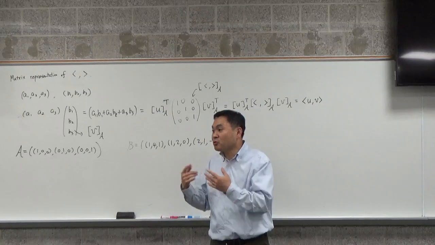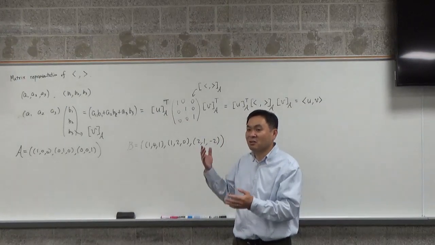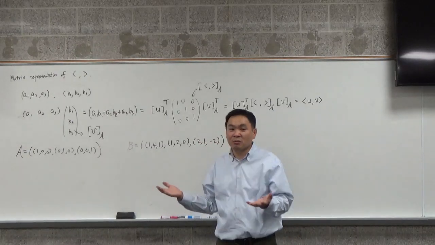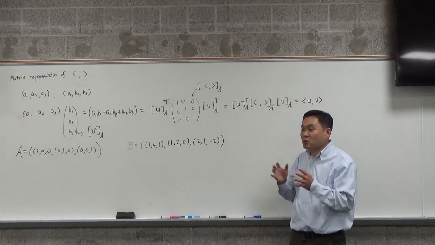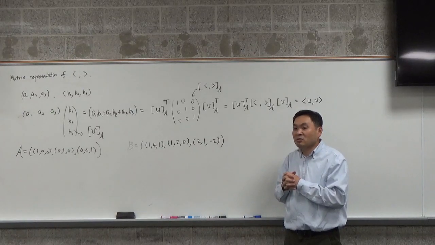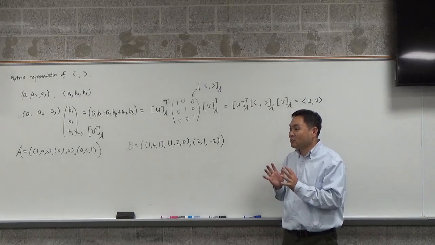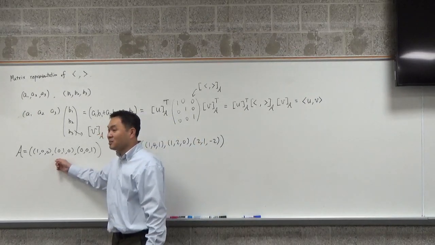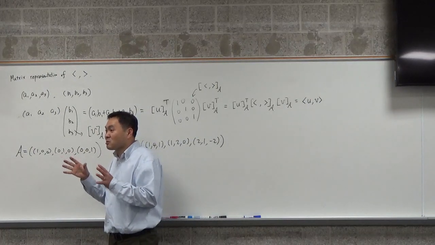But as I have shown in these more abstract settings where you have a vector space of solutions of differential equations, or vector space of polynomials, vector space of continuous periodic functions, when you have these kinds of vector spaces, you really don't have a natural basis. I mean, who are you to say that this is any better than that one if we are working in some strange vector space, right?